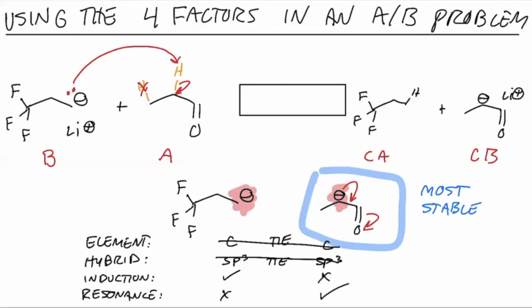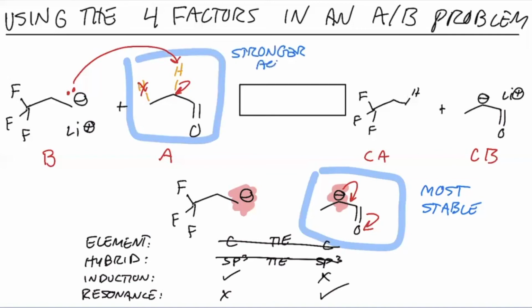So let's translate that back to what it means about the acid. When we go to compare the acids here and here, the acid that has resonance available to it is going to create this nice stable conjugate base, which means that it's more willing to be an acid because it's going to make something that's stable. So that means that this acid is the stronger acid than our other acid, right?